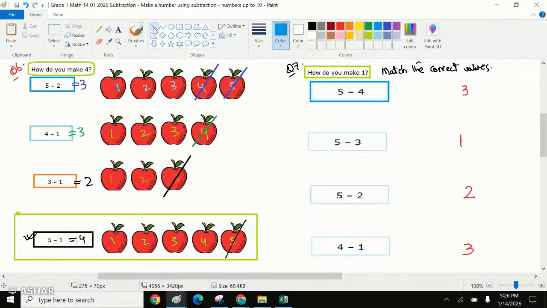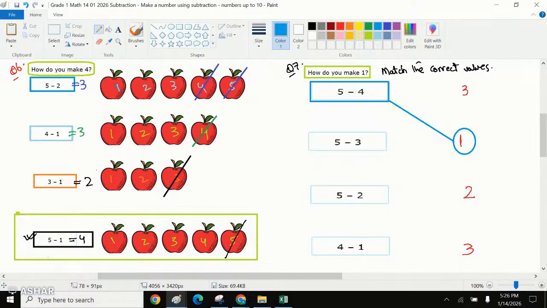So can we say that 5 minus 4 would be connected to 1? Because this is the correct answer, right? Do we agree? We're just trying to make a question more interesting, like connecting them also. And in this way, we would be able to find 4 answers, right?